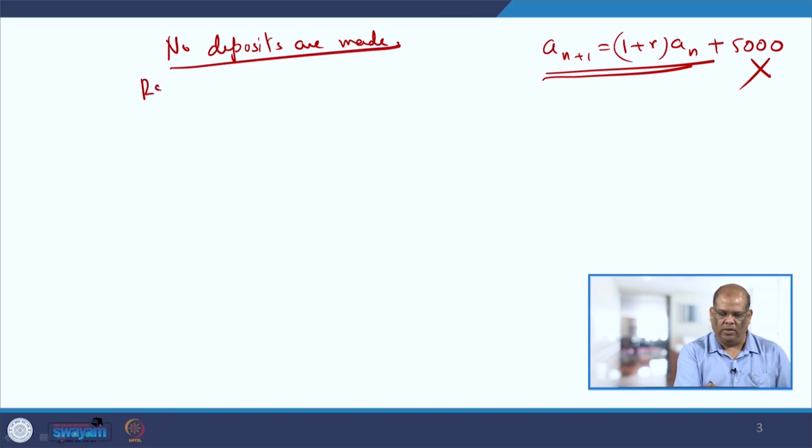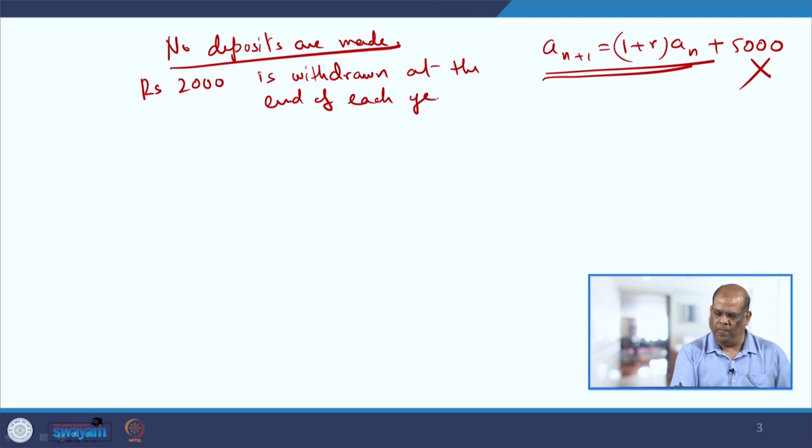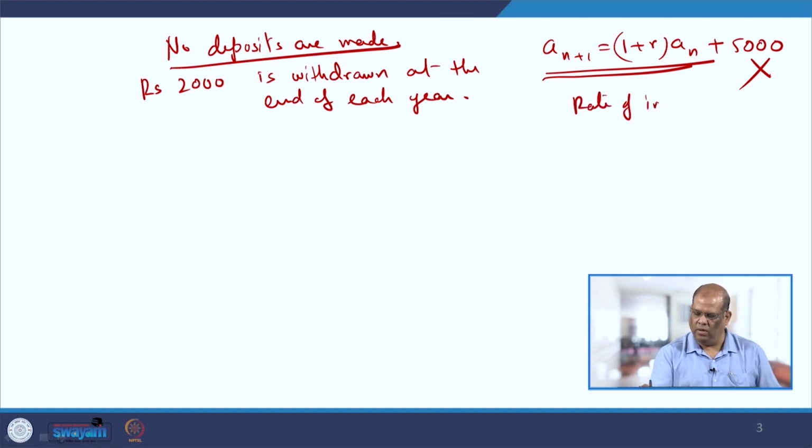Instead, rupees 2,000 is withdrawn at the end of each year. We keep the rate of interest at 4%.